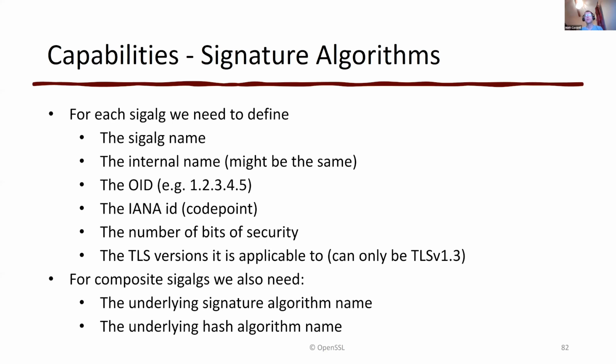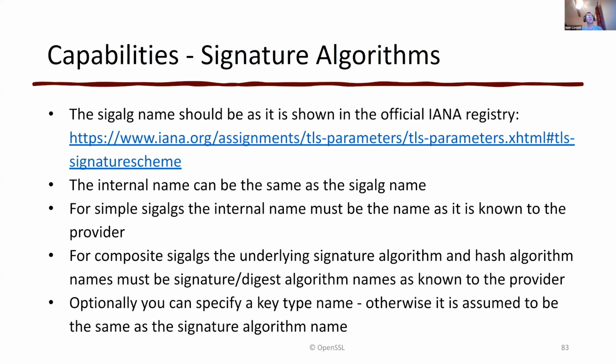For composite algorithms, we also need to know the underlying signature algorithm name and the hash algorithm name. So the signature algorithm name should match that in the registry, and the internal name could be the same as the other name, but it could be different.